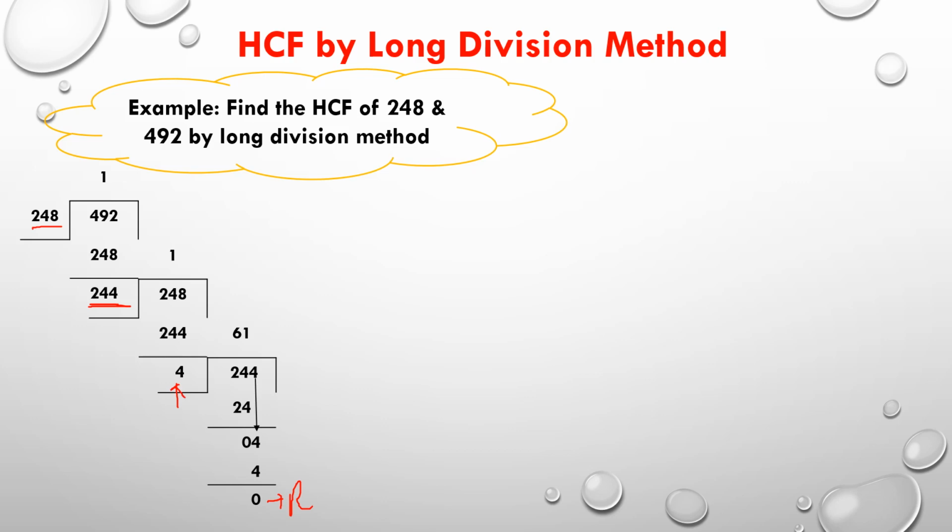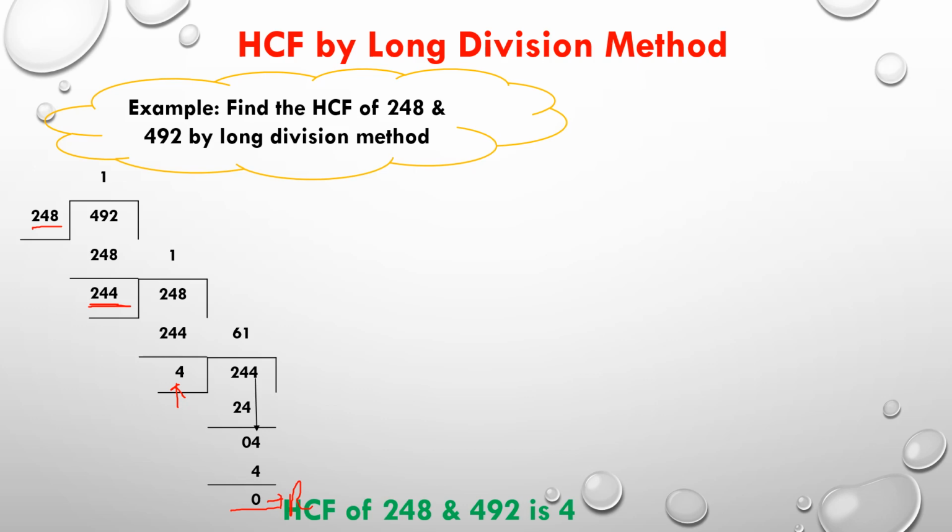This is the last divisor. 4 is the last divisor. Why is it last? Because in remainder I am getting 0. So the last divisor will be the HCF of the given numbers. Okay. So 4 is the HCF of 248 and 492.